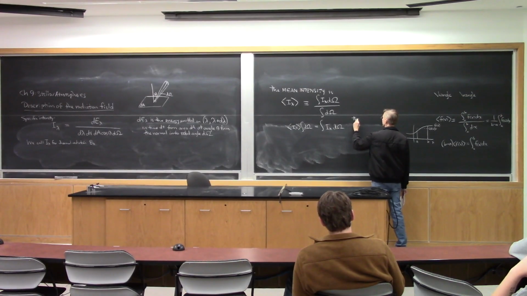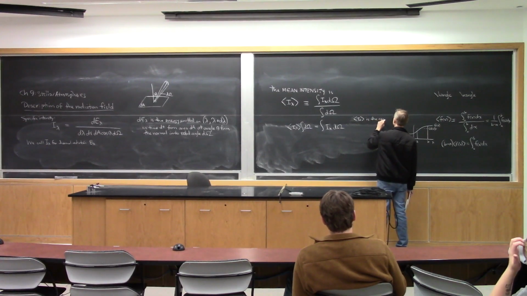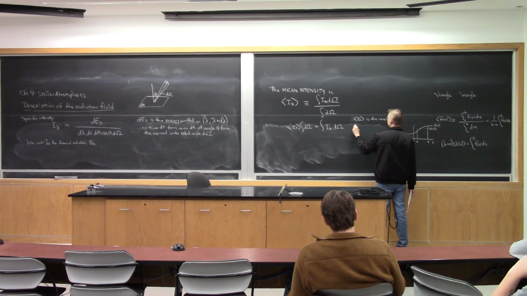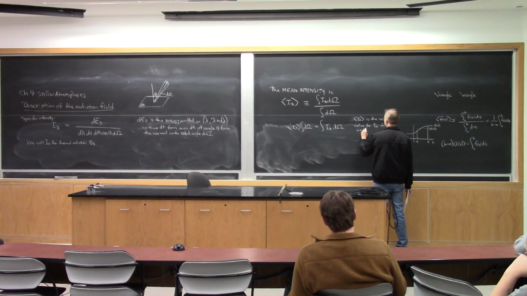So I'll put that out here. The mean of I lambda is the constant value for I lambda that would yield the same integral over solid angle as the actual I lambda does.